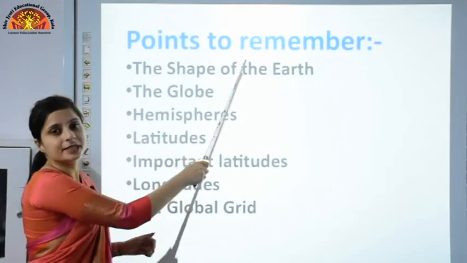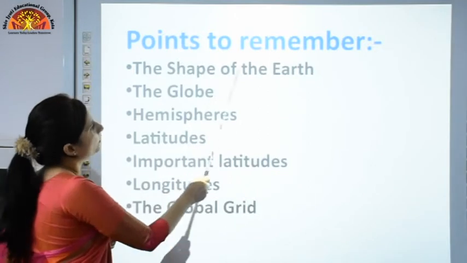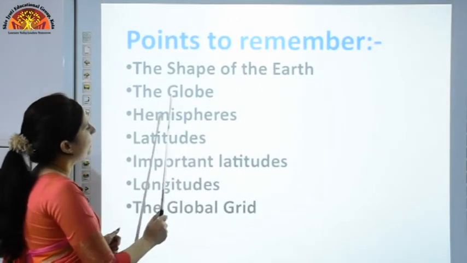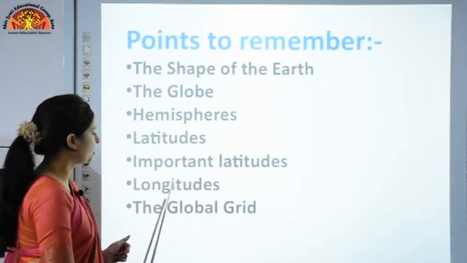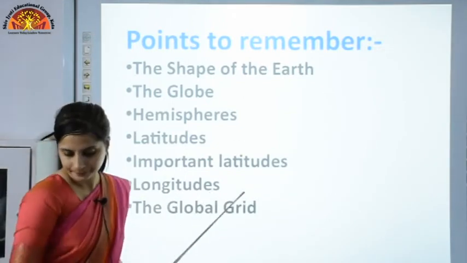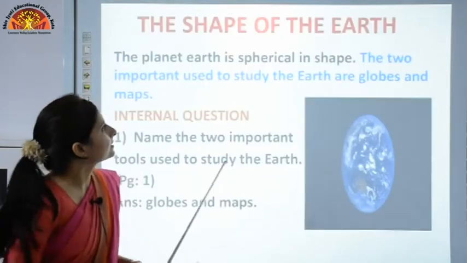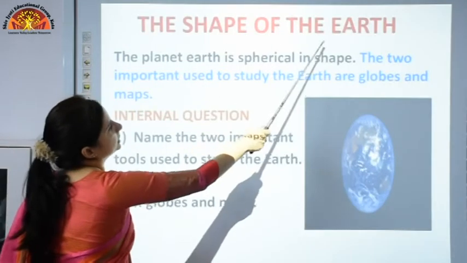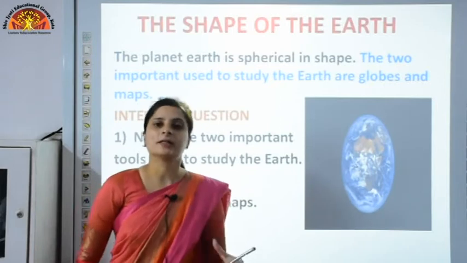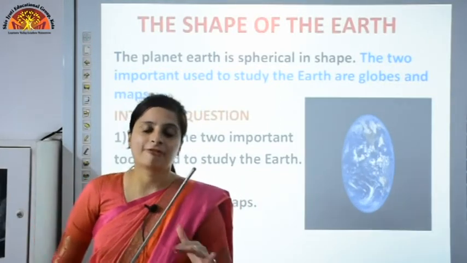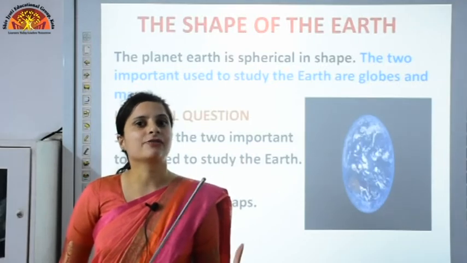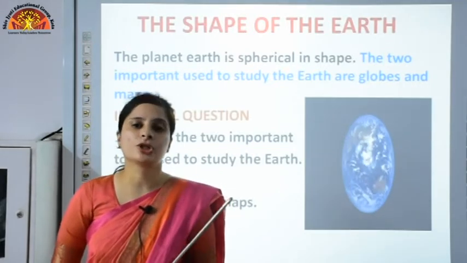Now, the main points covered in this chapter are the shape of the earth, the globe, hemispheres, latitudes, important latitudes, longitudes, the global grid. Now let's discuss in short the shape of the earth. Children, as you know, earlier it was believed that the shape of the earth is flat, and that we may fall if we go to the edges.